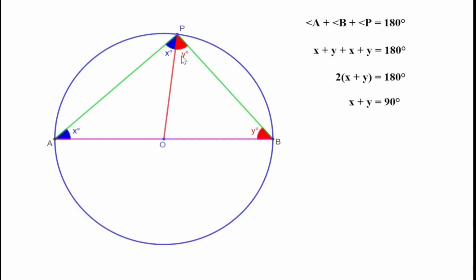That is x plus y, or this angle is 90 degree, or we can say angle P equal to 90 degree. That means when we join the ends of a diameter to a point on the circle, we get a right angle. This is a semicircle and angle P is an angle in the semicircle. So we can say angle in a semicircle is right angle.